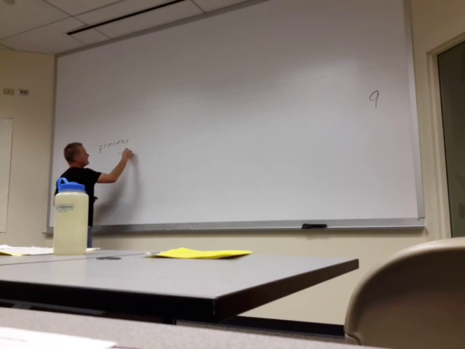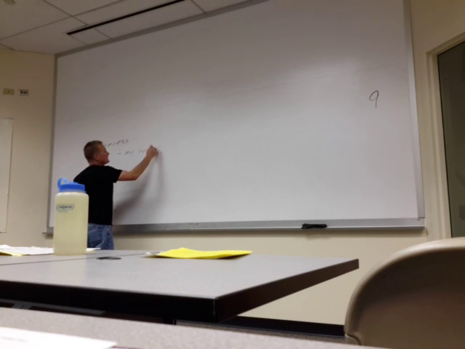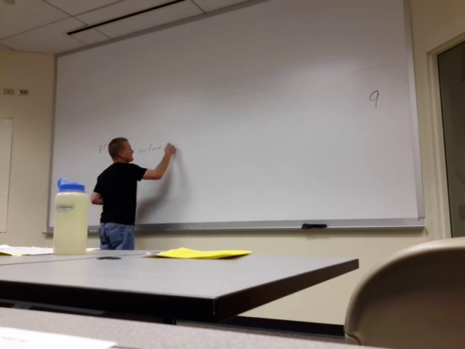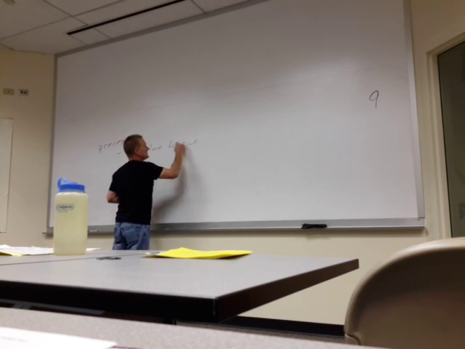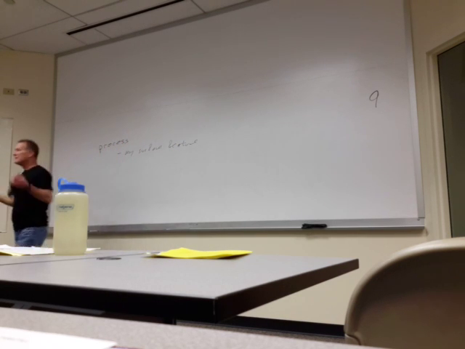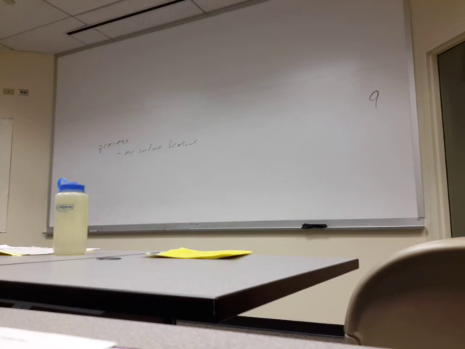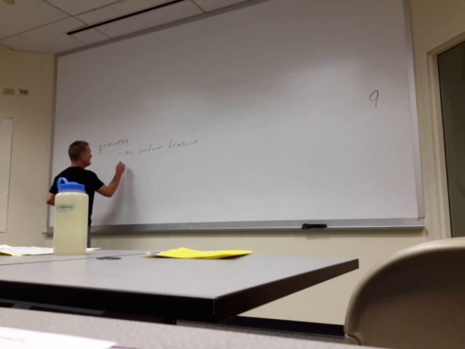Well, any surface feature. So a tubercle is a type of process. A trochanter is a type of process. An epicondyle is a type of process. A head is a type of process.